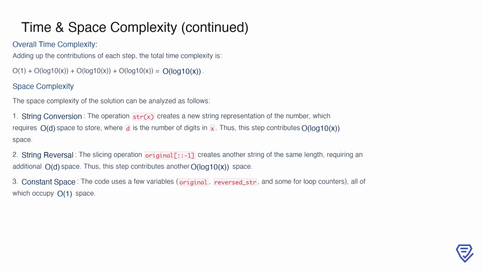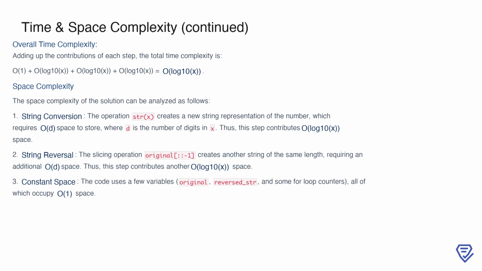Now, looking at space complexity, the first major contributor is the string conversion str(x), which creates a new string representation of the number. This requires O(d) space, where d is the number of digits in x, or equivalently O(log10 x). Similarly, the string reversal original[::-1] creates another string of the same length, contributing an additional O(log10 x) space.